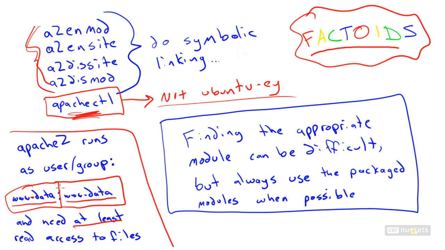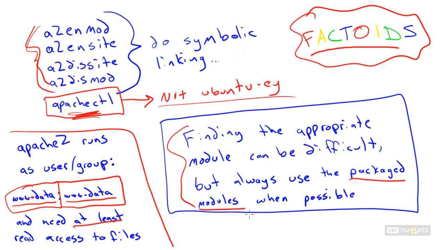You remember all those modules that we saw, like the cache module that we enabled? A lot of these are installable separate from Apache itself. So if you need a specific module, like if you're setting up a reverse proxy and you need the proxy HTTP module, I highly recommend to try to use the packaged modules.